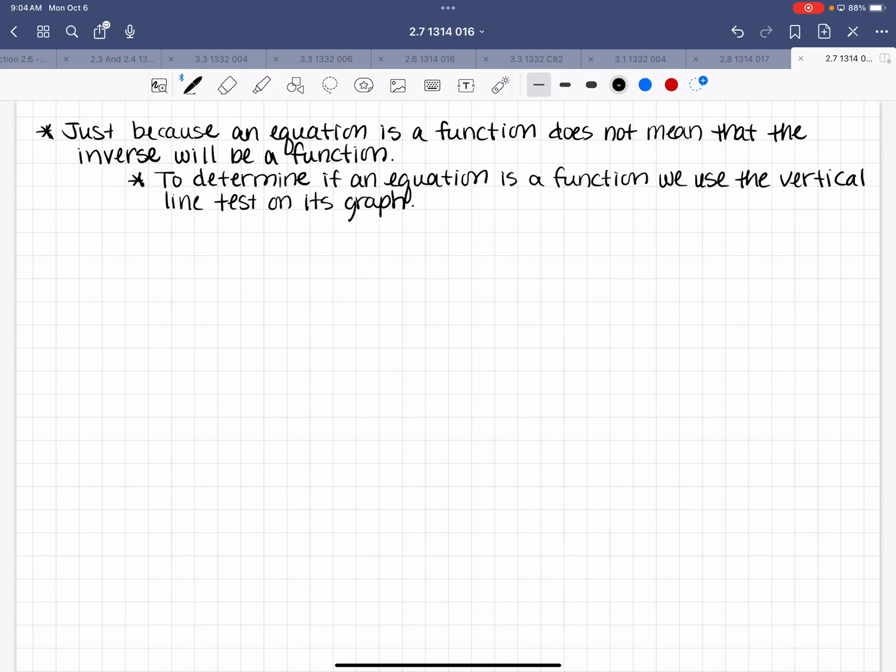Right? Like I would give you a picture and I'd give you a graph and I would go, okay, is that a function? And you would use the vertical line test. And if it hit more than one time, you would tell me, nope, it's not a function.